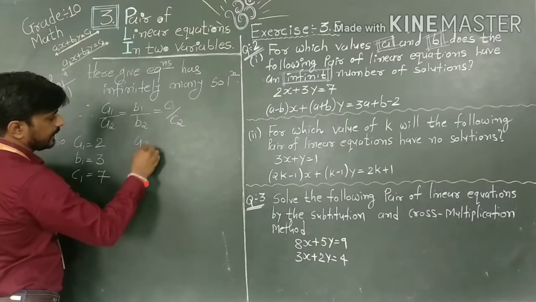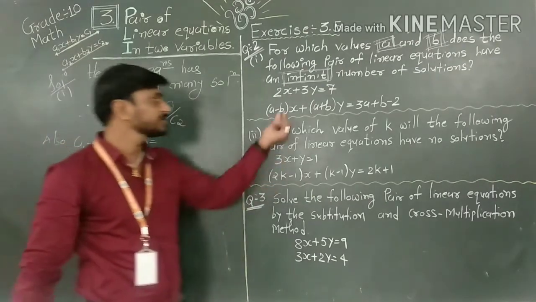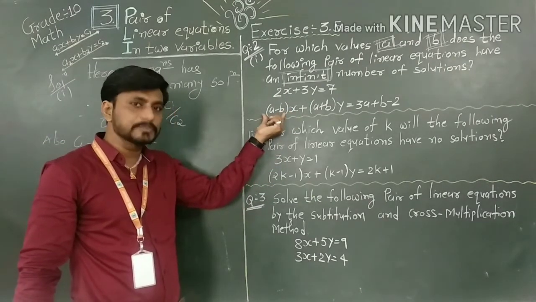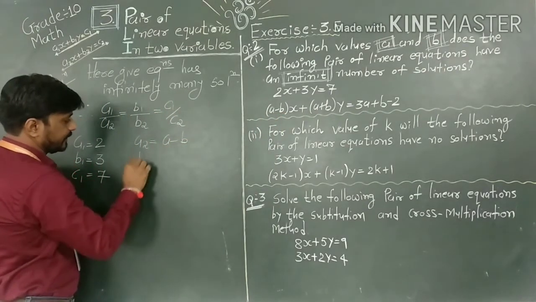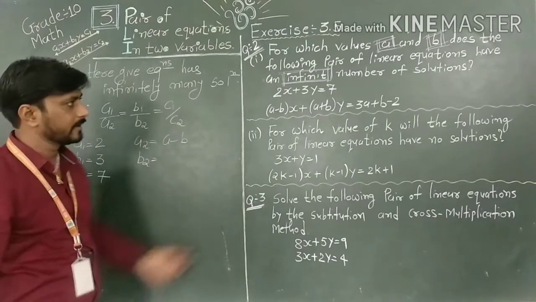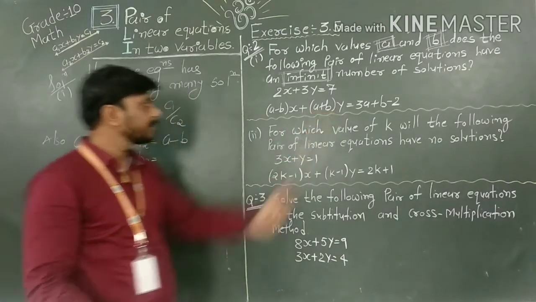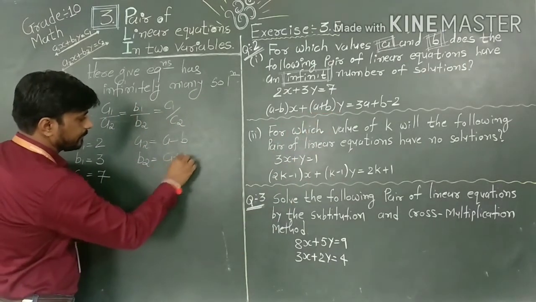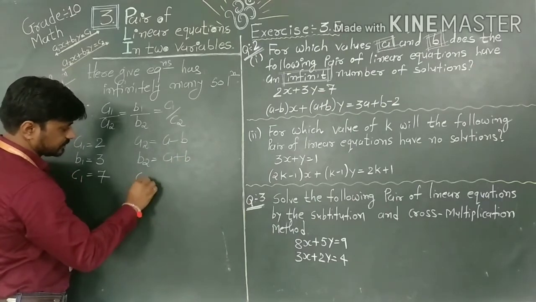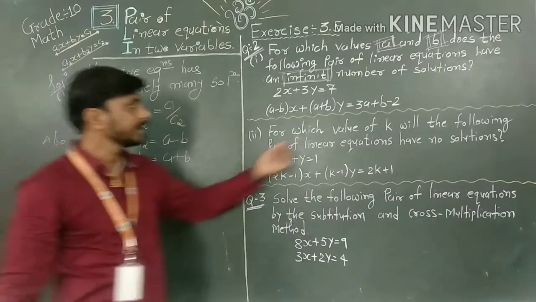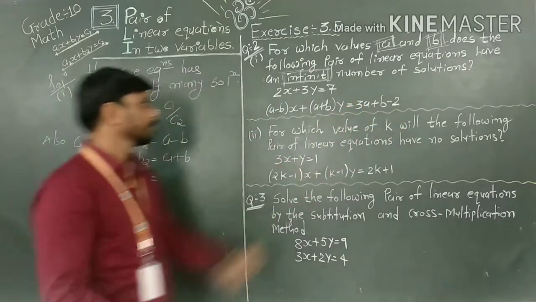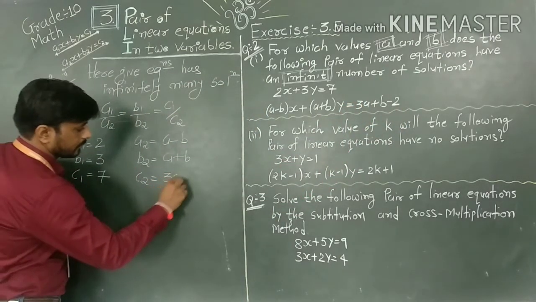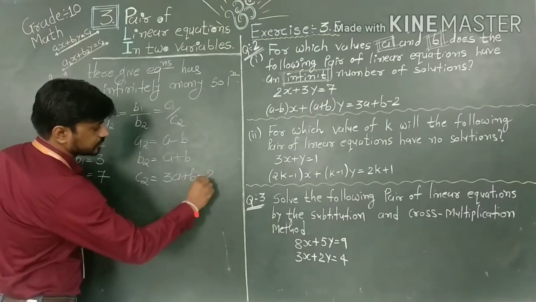Similarly a2, the coefficient of x, is a minus b. b2, the coefficient of y, is a plus b. And c2 is the constant term, that means this whole term, 3a plus b minus 2.